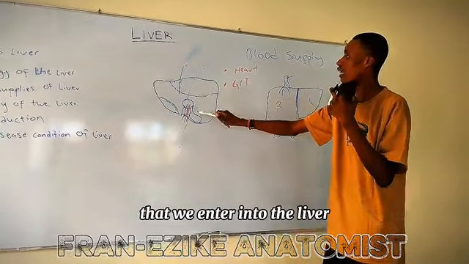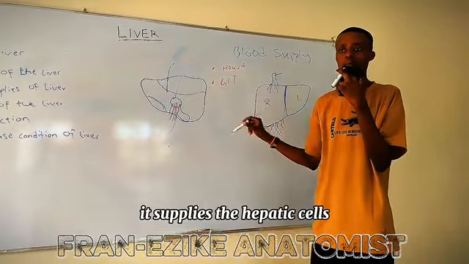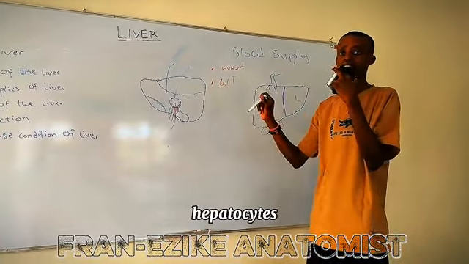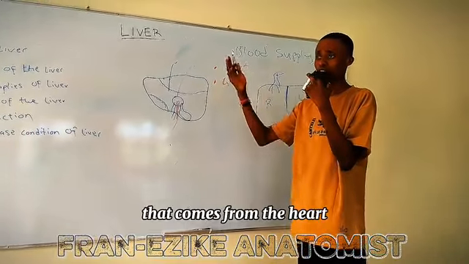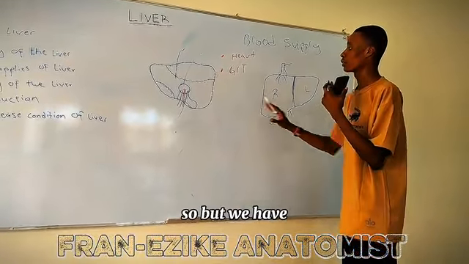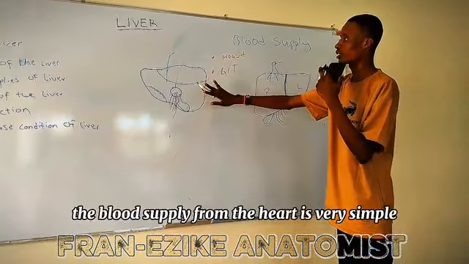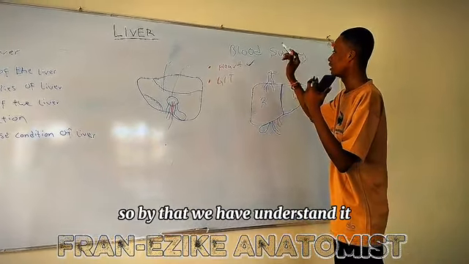Now when this blood enters the liver, it supplies the hepatic cells, hepatocytes. They will use this because every organ in the body needs this blood that comes from the heart, because that blood is oxygenated. The blood supply from the heart is very simple, so we have understood it.